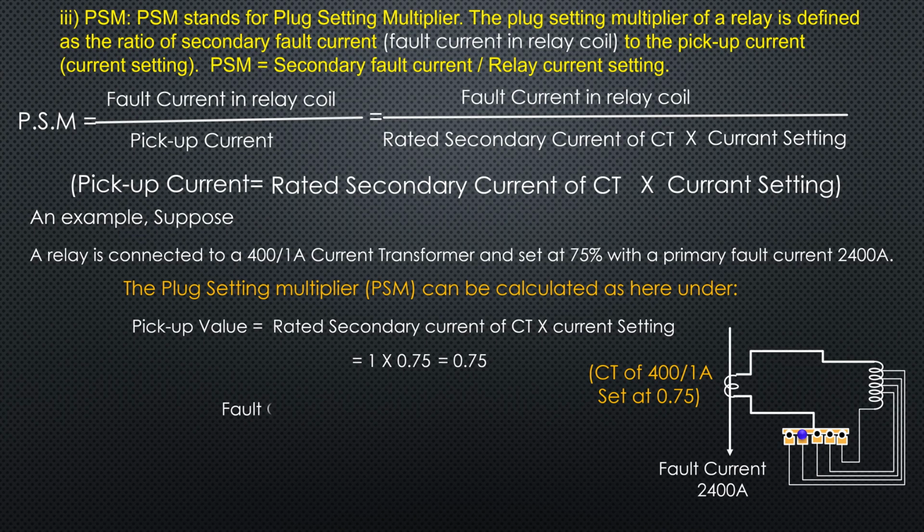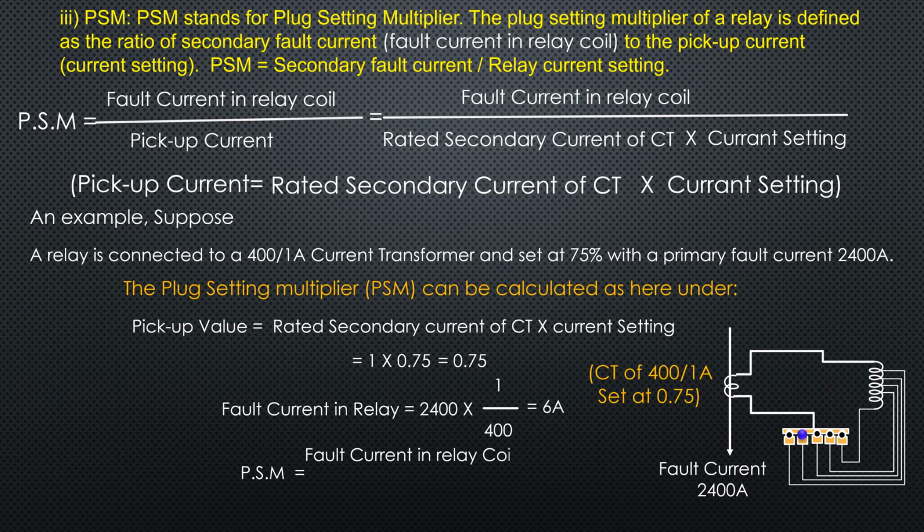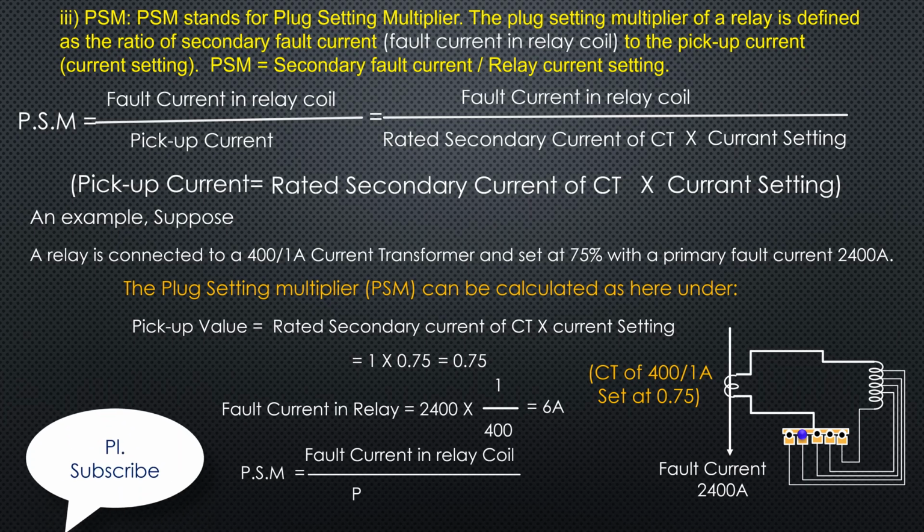Fault current in relay is equal to 2400 into 1 by 400 is equal to 6 ampere. Therefore, PSM is equal to fault current in relay divided by pickup value is equal to 6 by 0.75 is equal to 8.